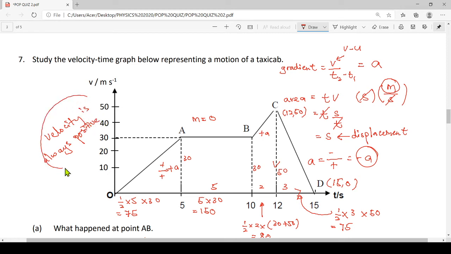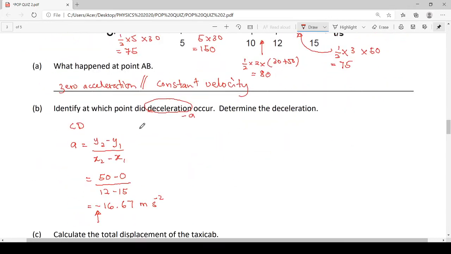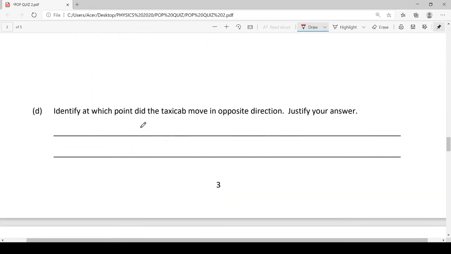So what does this mean? If the velocity is always positive, because I don't see any negative velocity there, so it simply means that there is none. Okay, so the question asks at which point did the taxi cab move in opposite direction. So the answer to this question is none.